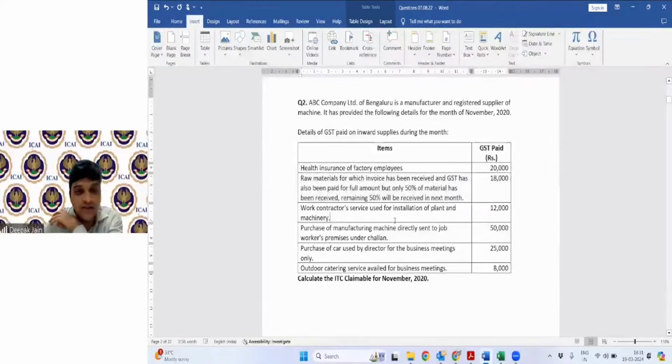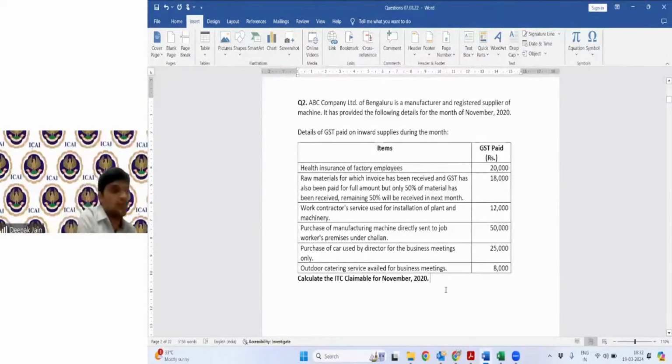Works contract services used for installation of plant and machinery, 12,000 rupees. Purchase of manufacturing machine directly sent to job worker, 50,000 rupees. Purchase of car used by director for business meetings, 25,000. Outdoor catering services availed for business meetings, 8,000 rupees. Now calculate what is the ITC claim for November 2020.